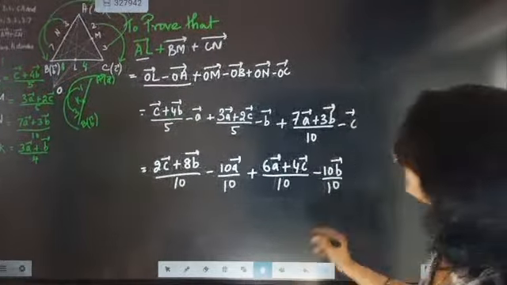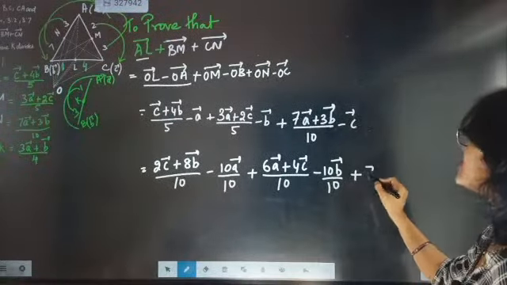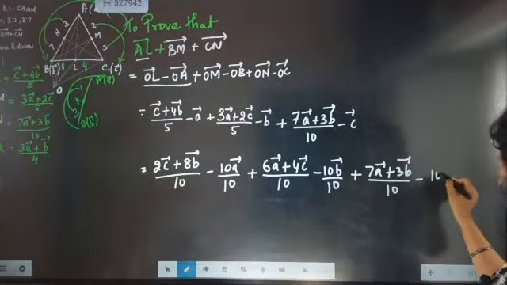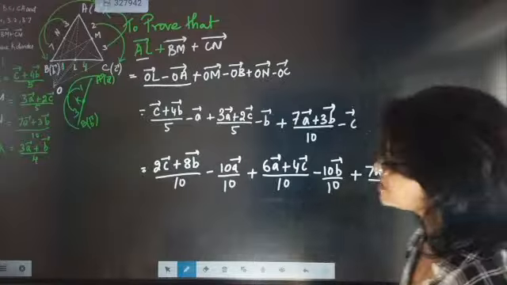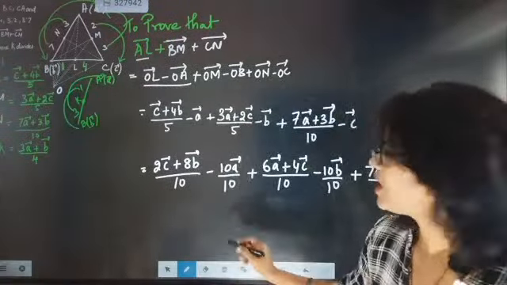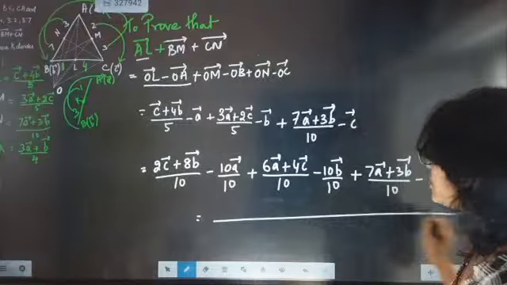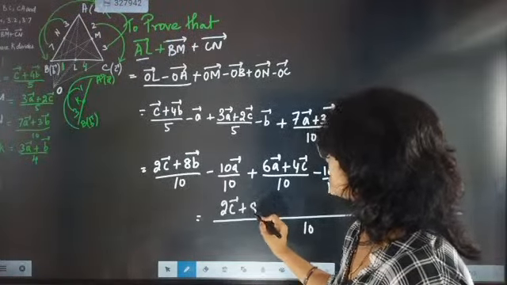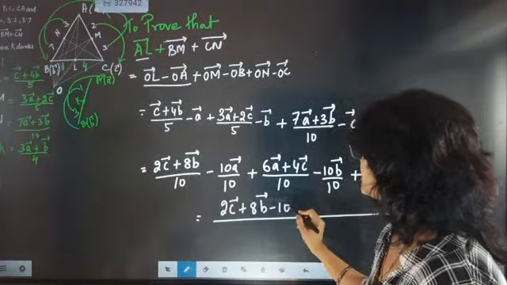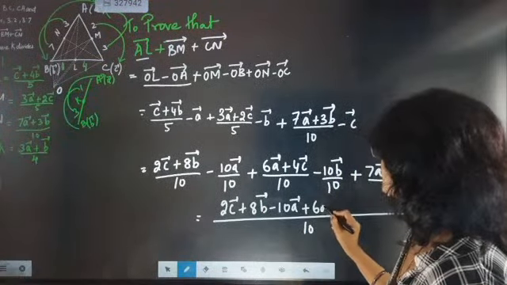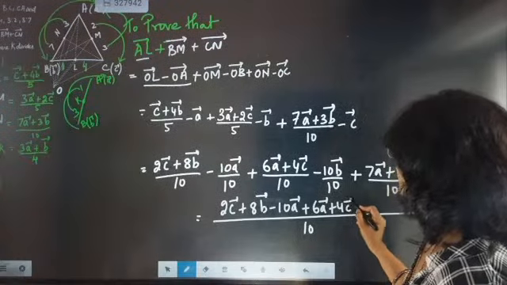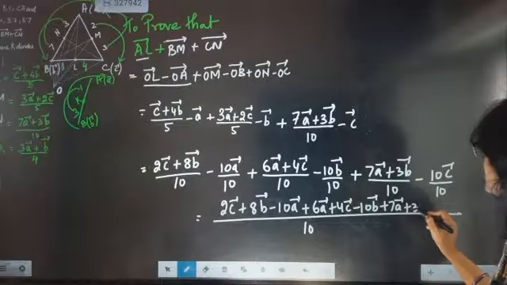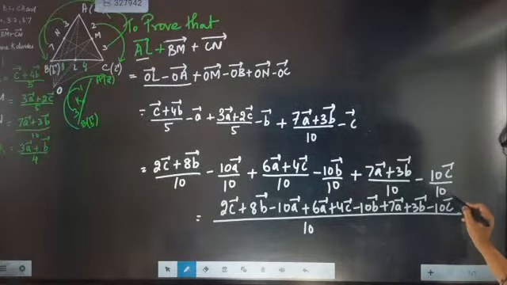Now here (7A vector plus 3B vector) by 10 and minus 10C vector by 10. I got the same base, please check this one out. So I am now going to write it over an overall 10: 2C vector plus 8B vector minus 10A vector, plus 6A vector plus 4C vector minus 10B vector, plus 7A vector plus 3B vector minus 10C vector.